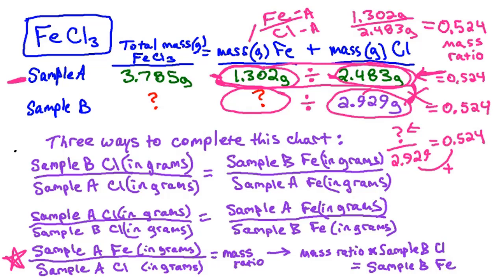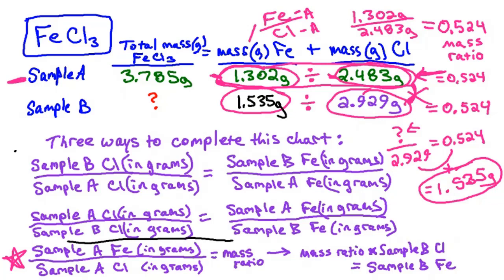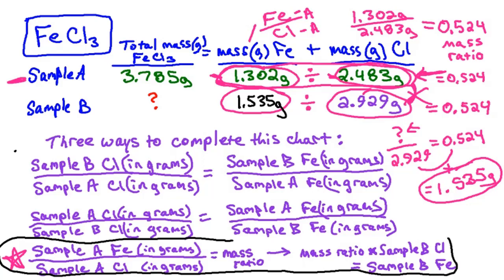So 2.929 times 0.524 is going to equal 1.535 grams of iron.